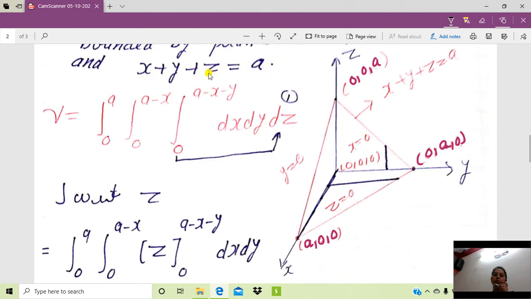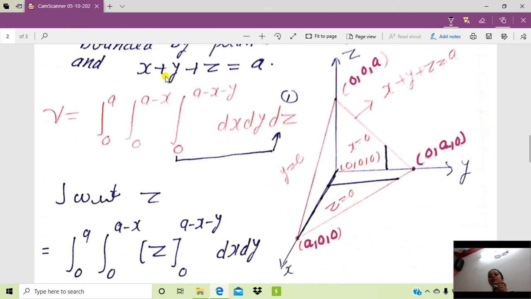To plot the plane, we find intersecting points. If we put y and z as 0, the value of x will be a. So the first intersecting point will be a, 0, 0. In place of x and z, if we put 0, the value of y would be a. So the next intersecting point will be 0, a, 0.